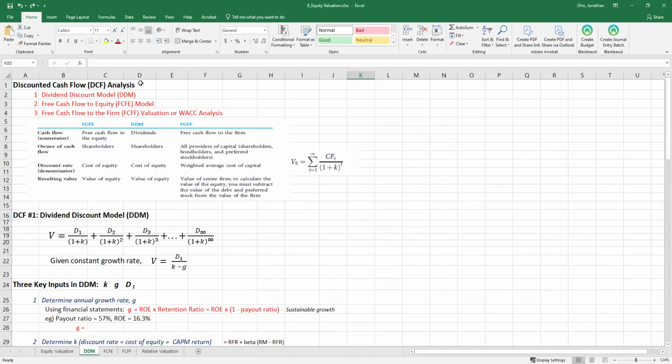All right, let's move to the first one, the discounted cash flow approach. As I said, depending on your cash flow, we have the dividend discount model, the free cash flow to equity model, and the free cash flow to the firm model.